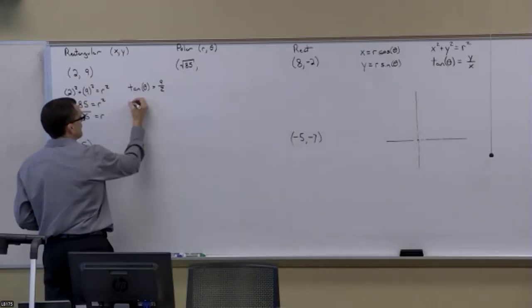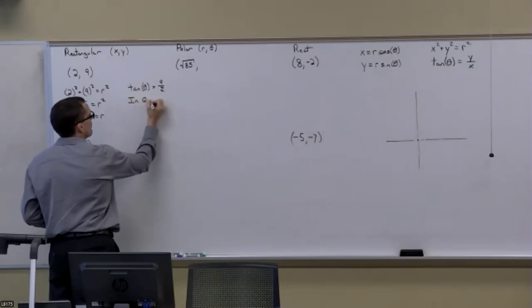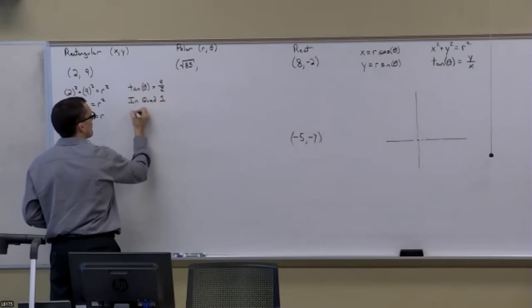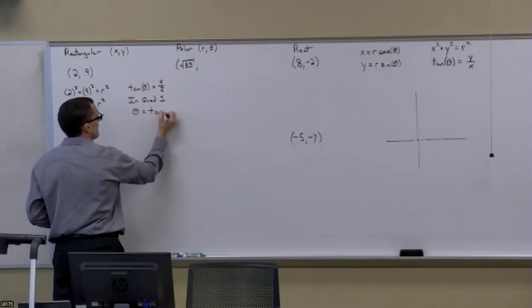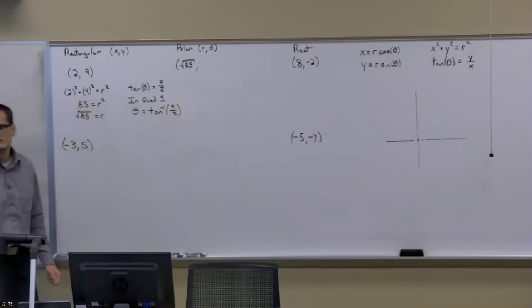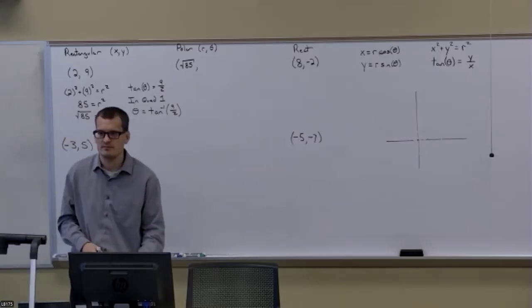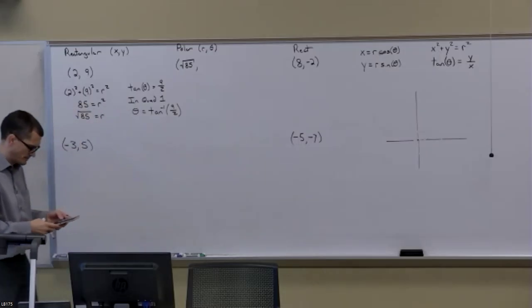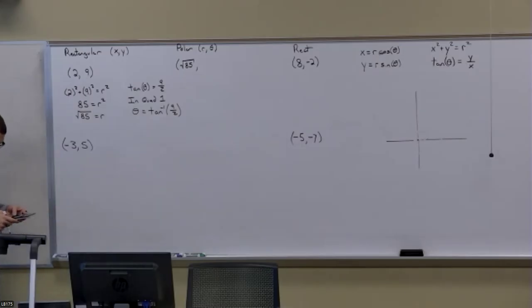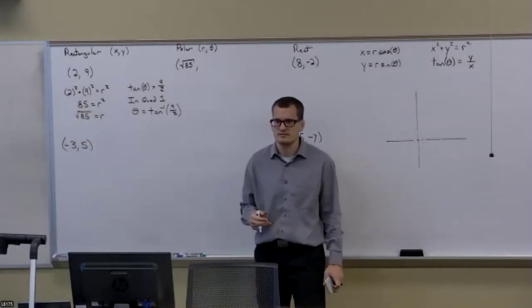So since we're in quadrant 1, theta is just going to be the inverse tangent of 9/2. And that's something I can type into my calculator. I'm in radian mode. That gives me about 0.35 radians.